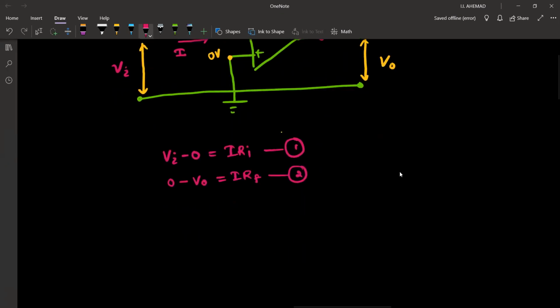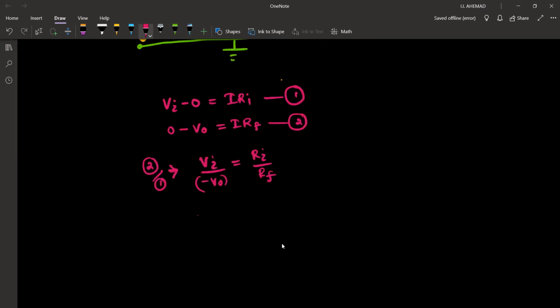Just divide the second by the first. Then we have Vi over minus V0 is equal to Ri over Rf. That means V0 is equal to minus Rf over Ri into Vi.